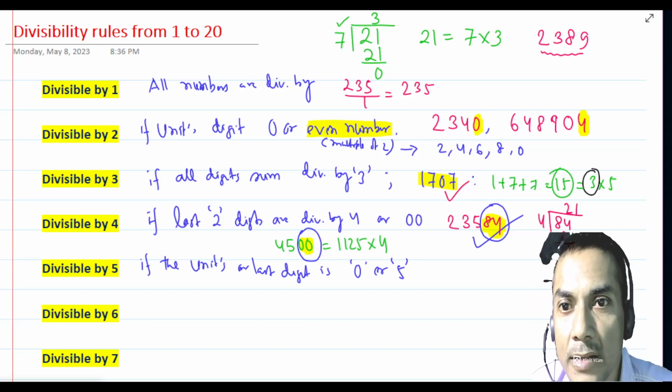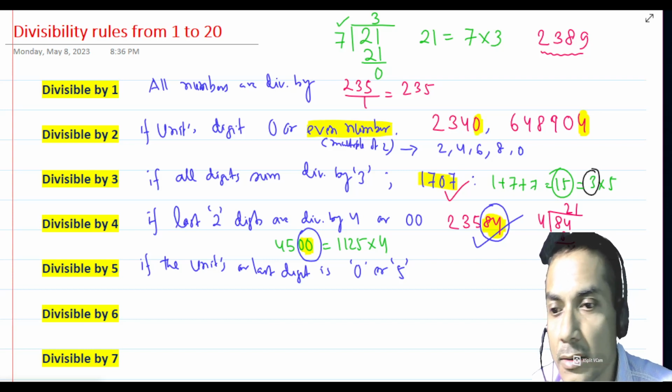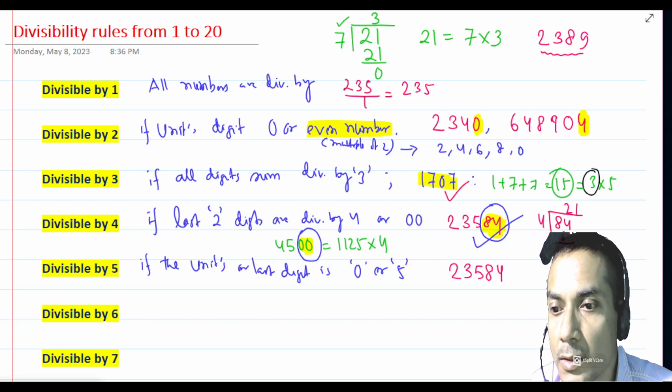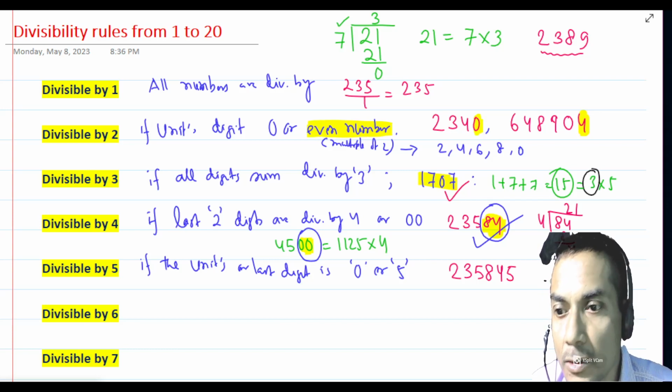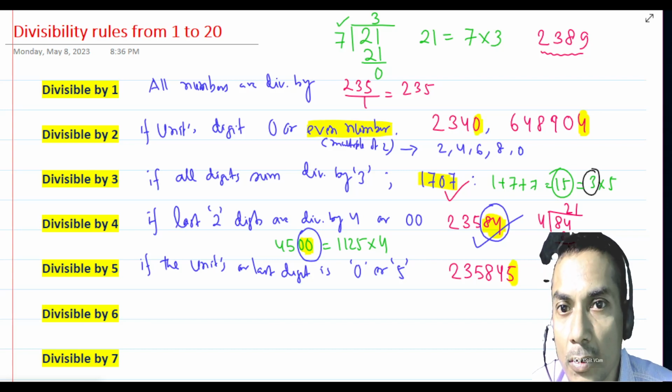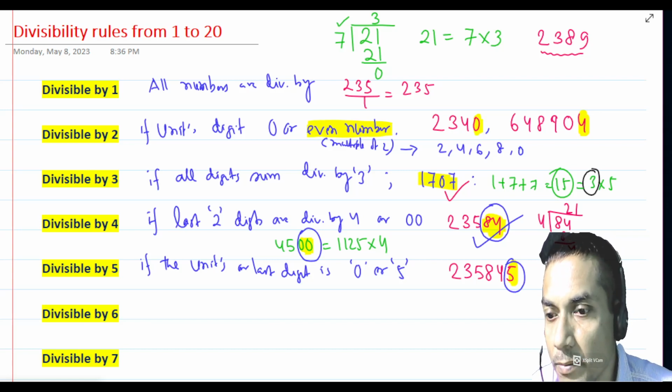Let me give you some examples. If I consider 235845, the last or unit digit is actually 5. So this entire number is divisible by 5. I give you another example.